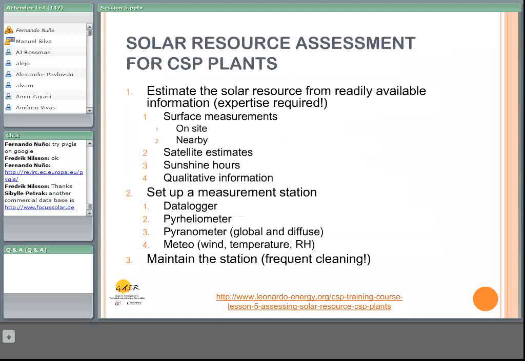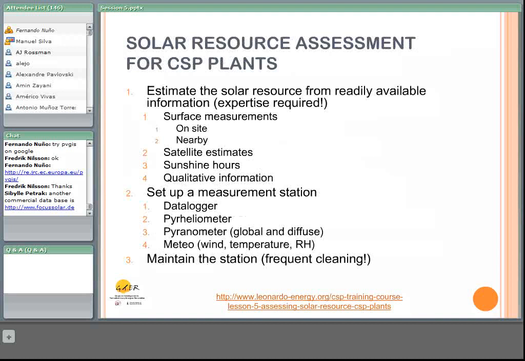But it's important that this estimation be made by an expert team, because otherwise it's easy to make significant errors. Even for an expert, it's difficult to make a good estimation from this data. So always try to find the help of an expert.